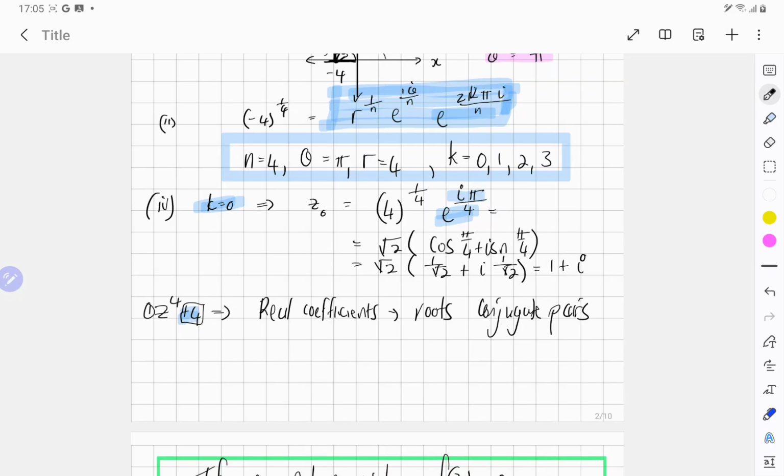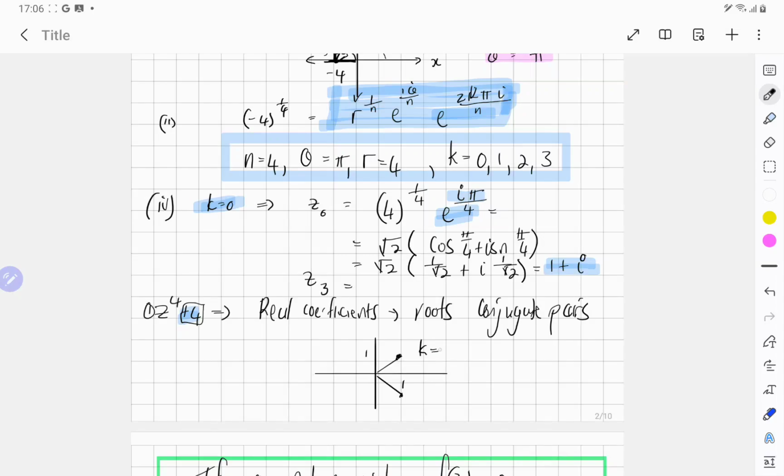So just to see if you understand, we are going to have 4 roots. In conjugate pairs, we know that 1 plus i's conjugate is 1 minus i. So the first root will be here, where we have 1, 1. The second root, in conjugate pair, will be here, because we will have 1 minus i. Now, why do I say z3?